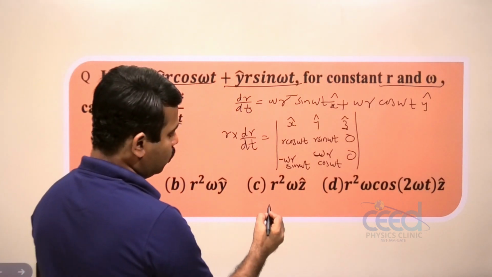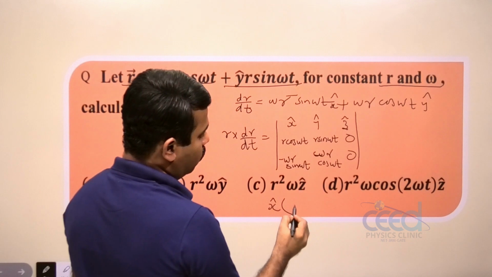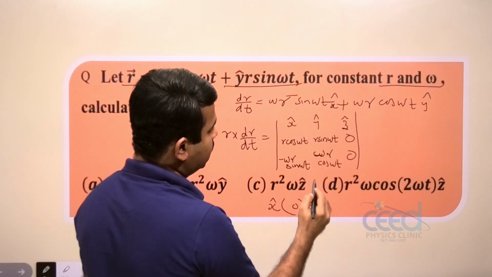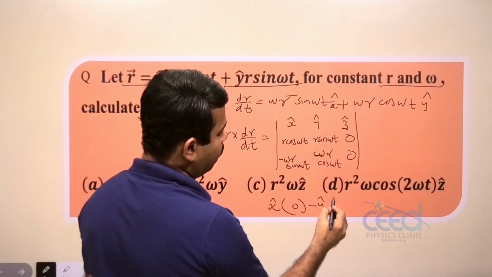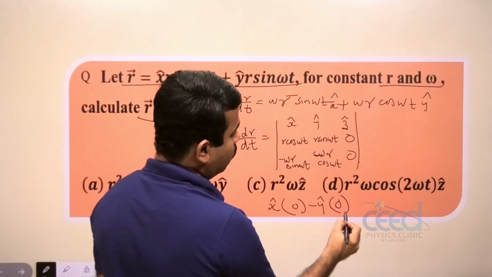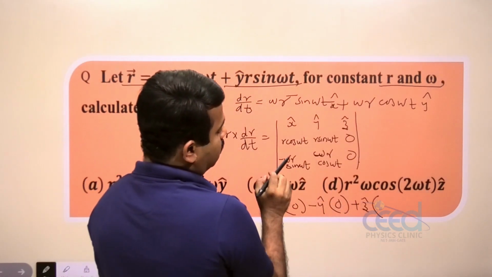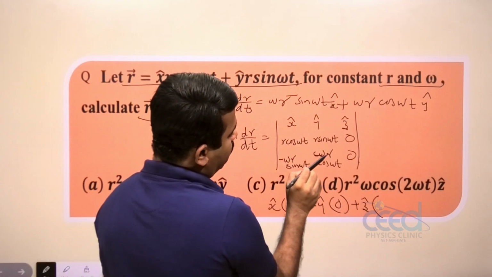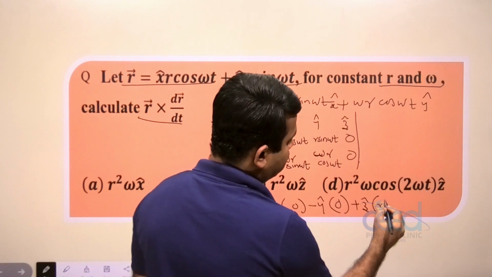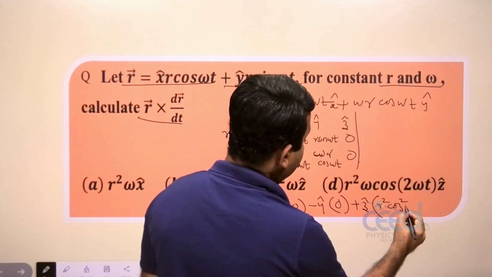Now through x cap, 0 minus 0, 0, minus j cap, through y cap, 0 minus 0, again 0, through z cap, see look here, r cos omega t into omega r cos omega t, that is omega r square cos square omega t.